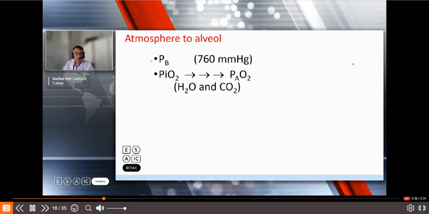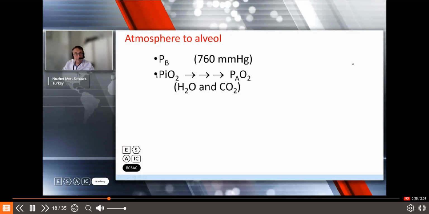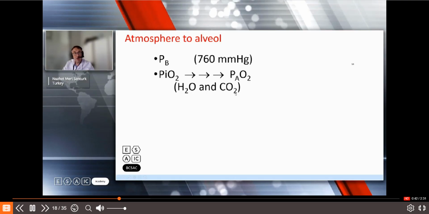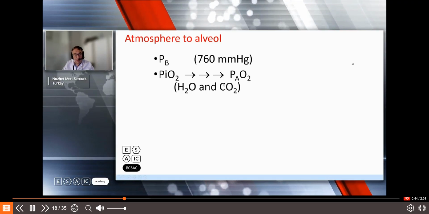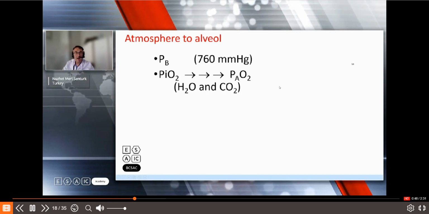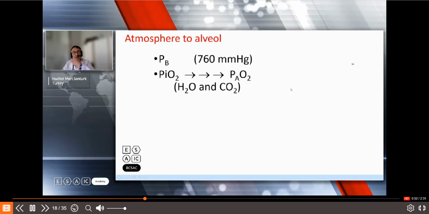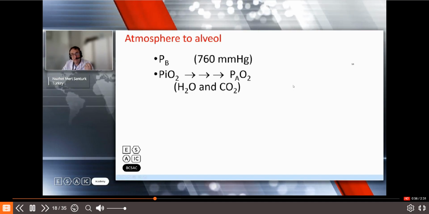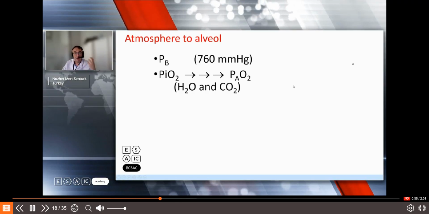Do not get confused. From inspiratory oxygen pressure to alveolar oxygen pressure, we have to subtract the vapor pressure, the water pressure, and the alveolar CO2. How does it come? Because during the inspiration, in the airways, we saturate the air that we inhale with water.